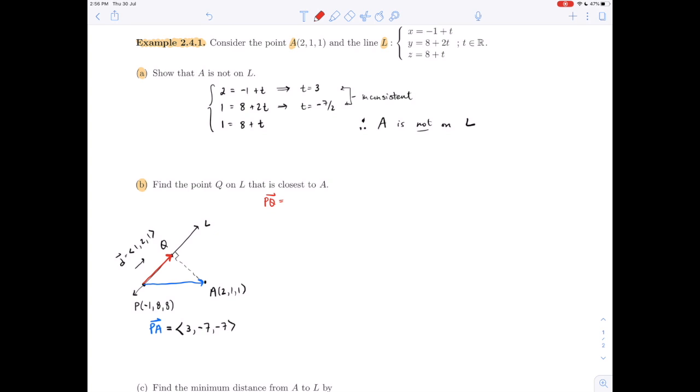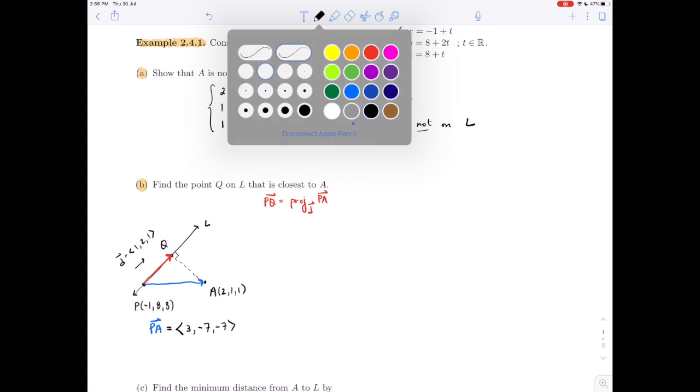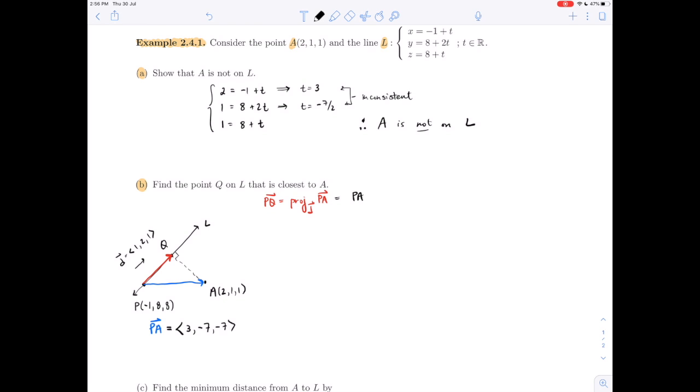So PQ is the projection of PA onto D. And if we remember our projection formulas, that was PA dotted with D over the magnitude of D squared, all of that times vector D. So doing the dot product, we get 3 times 1 is 3, minus 14 and minus 7, divided by the magnitude of D squared, so that's 1 squared plus 2 squared plus 1 squared, times vector D, (1, 2, 1).